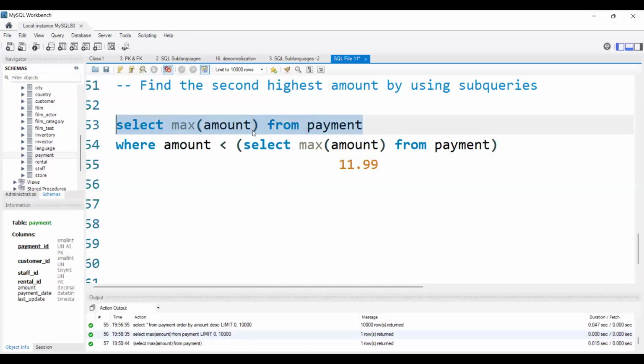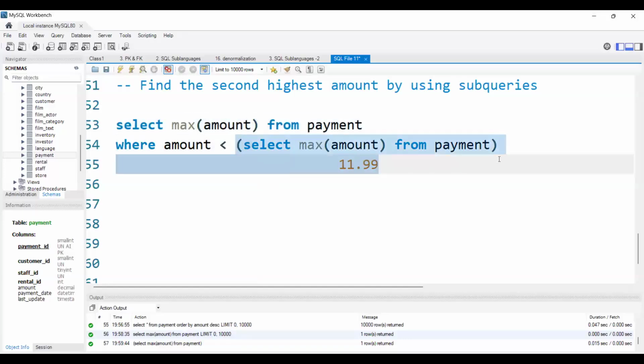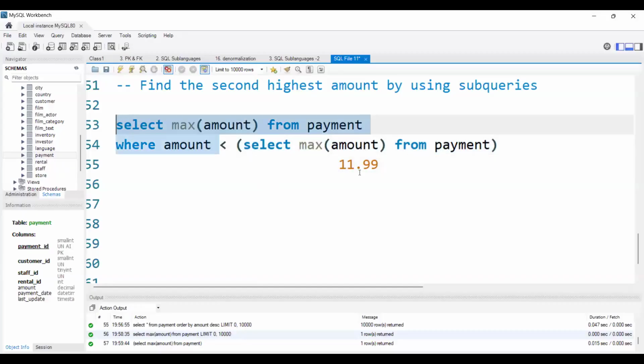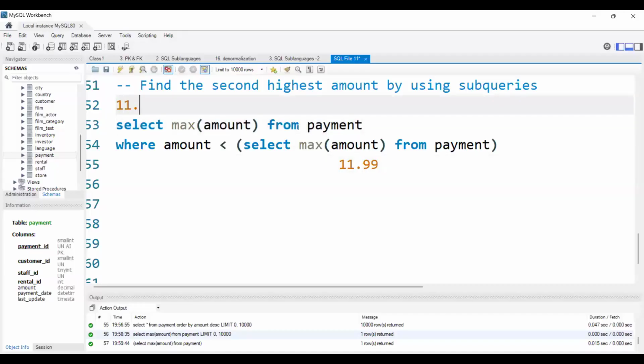So it will compare this with 11.99. In the first row, I will get 11.99, right? It will compare 11.99 less than 11.99. Is that true? It is equal to. As this is not less than, it will leave this data and check the another row. What will be the next max amount?